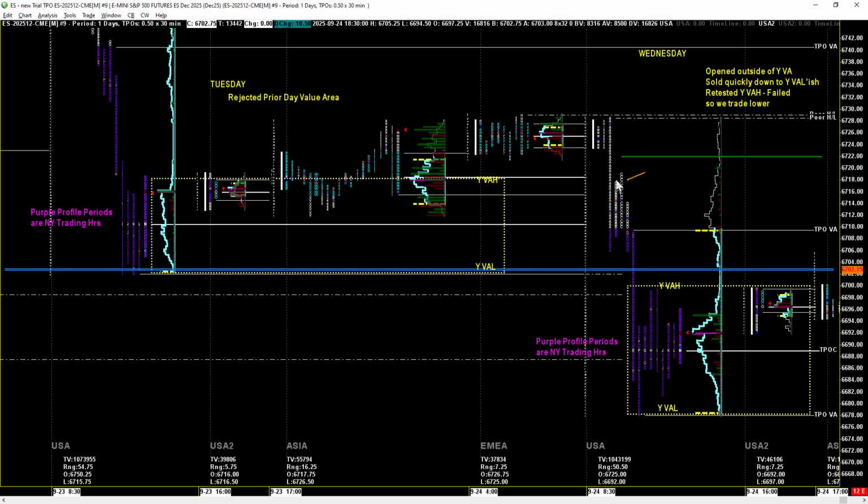Then we kind of found staying lower. My bet was we couldn't get back above value high ending prior day. That was a reasonable bet. I made an entry at 67.17 with a stop at 67.22. No, it was 18 and 22.